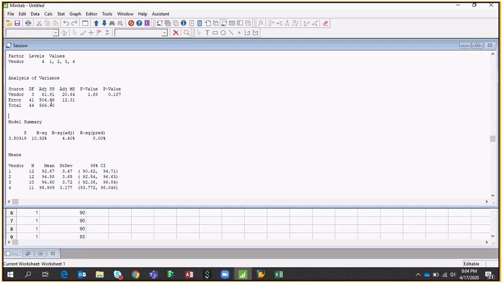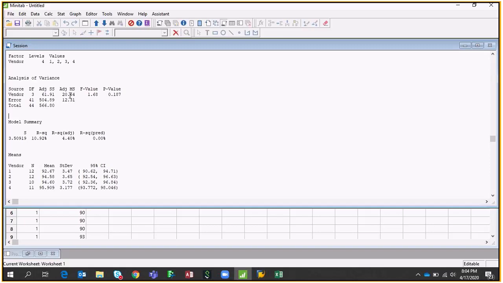Now I've already shared my other video on sum of squares. When you divide the sum of squares by the degrees of freedom, you will get the mean square. So 61.91 divided by 3, you will get this number. 504.89 divided by 41, you will get this number.